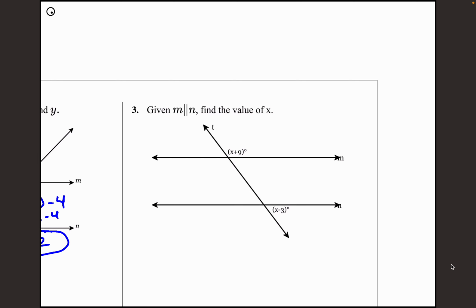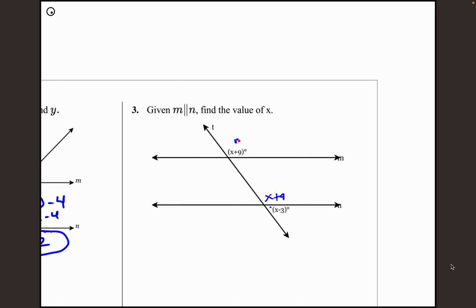Yeah, they can add up to 180, okay? Because we can say that if this is x plus 9, this is corresponding with x plus 9, so we can say this could go right here, all right? And then this would create a linear pair.